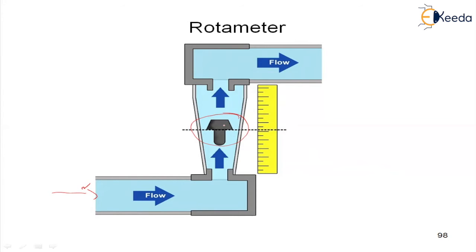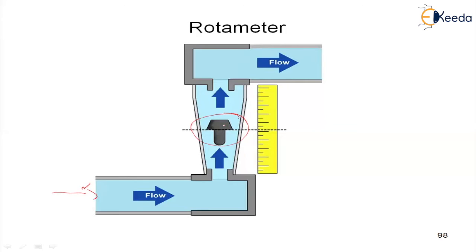That's the reason this rotameter is also called a variable area rotameter. When no fluid is flowing, the float rests at its position. But whenever a liquid is flowing inside the pipe, the fluid reaches the float, and because of the buoyancy effect of the fluid, the float becomes lighter.